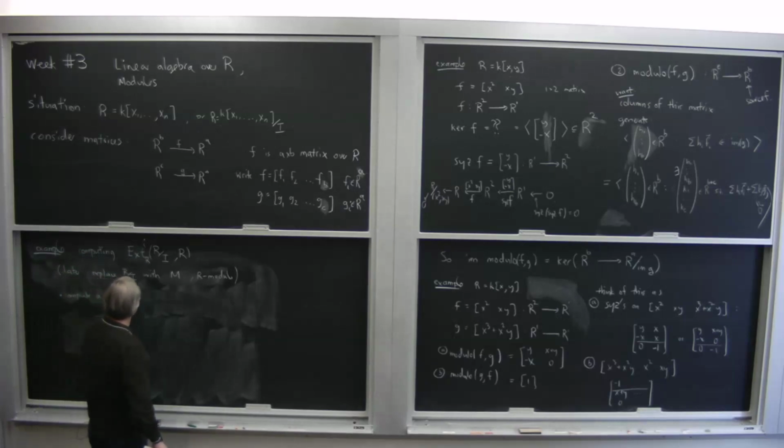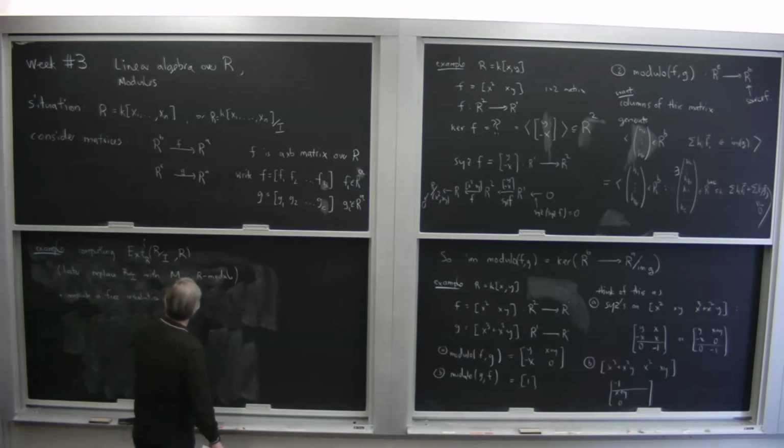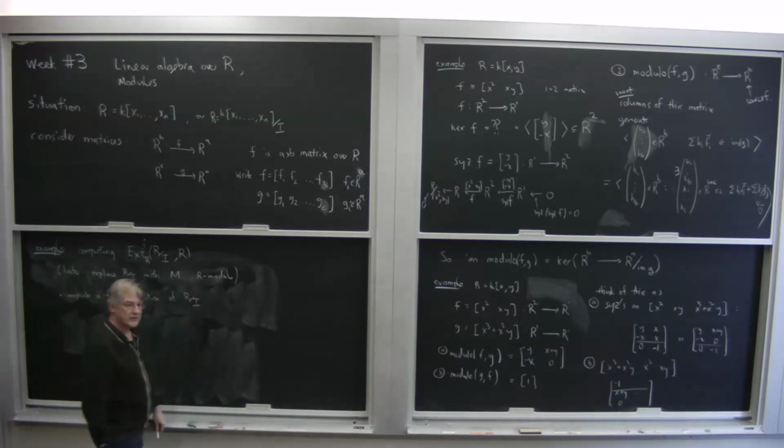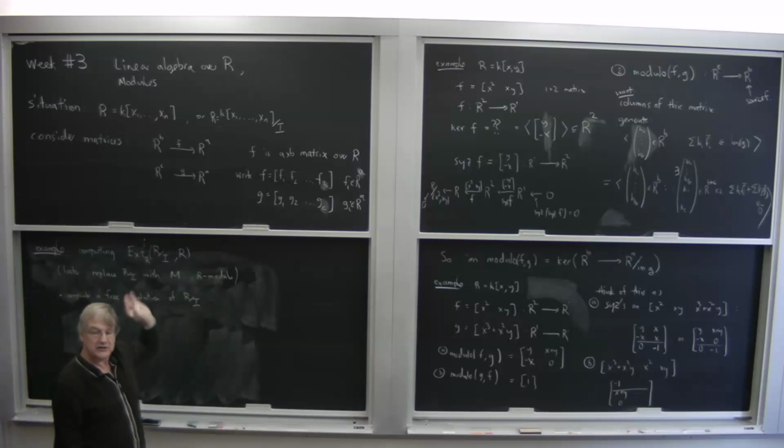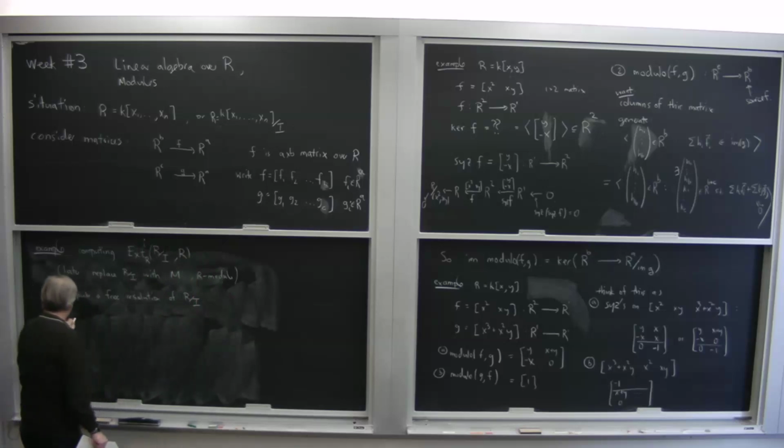A free resolution of R mod I. How do we do that? Well, we haven't talked about how to compute any of these things yet, but it's all done by Gröbner bases, okay? But we compute it, so I'm going to do this one backwards like this, or rather forwards.